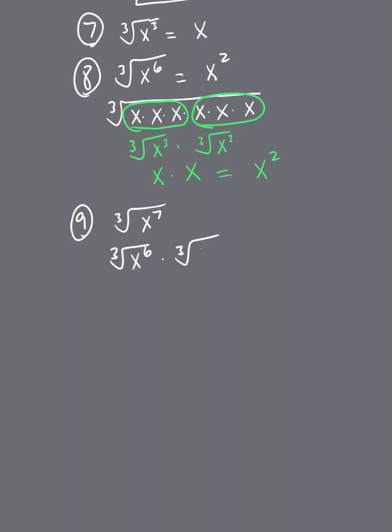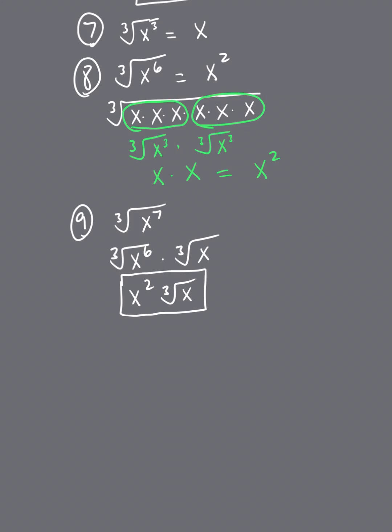But then we still have the cube root of x, because x to the 6th times x to the 1st, we don't really write the first power, is x to the 7th. So we can always split up our cube root. So we're really getting a perfect cube here, and then having our leftovers in this one, just like you do with numbers. And so this is x squared, and then we still have the cube root of x left, and that is our final answer.